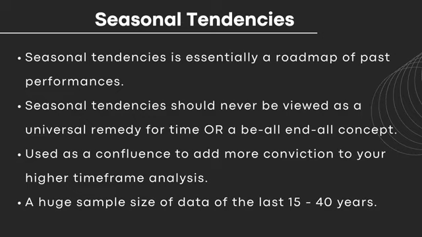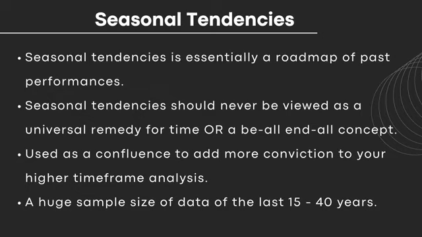Now that is proven by the fact that we've collected data, not we, but actually firms have collected data from the last 40 years, and then they've summarized it, and that data shows specific footprints and signals that price forms and that price has formed consistently over the past 30 to 40 years, right?